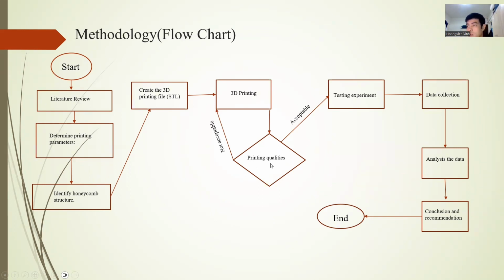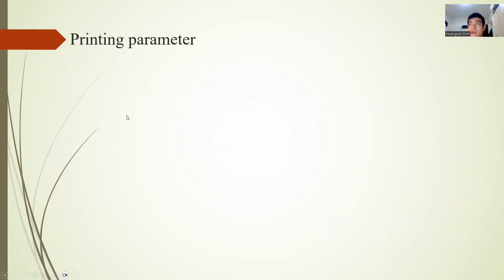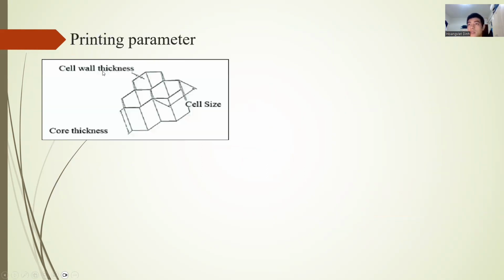If the printing quality is not acceptable, I will reprint it. If the printing quality is acceptable, I will go to the testing experiment and data collection. After that, I will analyze the data and give some conclusion and recommendation.